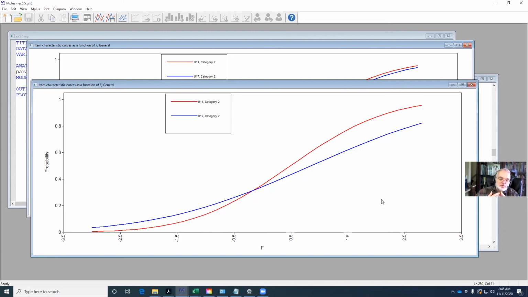But the reason that I covered this in this class is I thought it was kind of cool that the one parameter Rasch model and the two parameter factor IRT model are exactly mathematically identical. Just saying I have a tau equivalent model in the case of a Rasch model, or I have freely estimated loadings in the case of the two parameter IRT model. And that's all those models are.